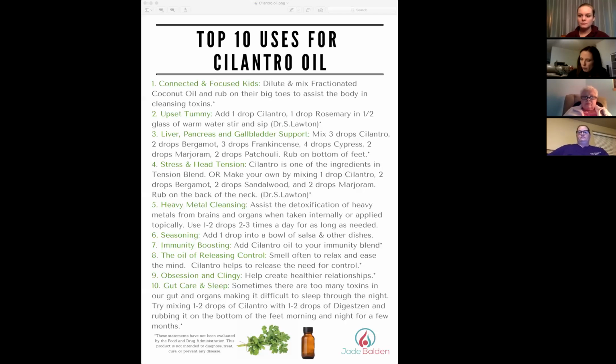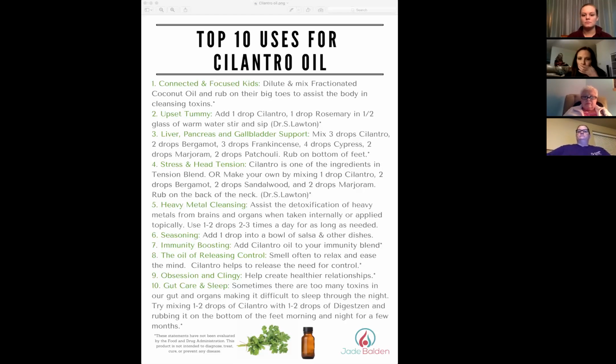All right. So liver, pancreas, and gallbladder support. Because cilantro is one of those oils that are cleansing, there's a lot of heavy metals and other toxins that are stuck in these organs. So with cilantro, bergamot, frankincense, cypress, marjoram, and patchouli. You know about patchouli and marjoram.